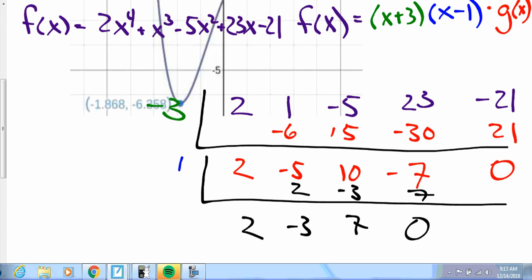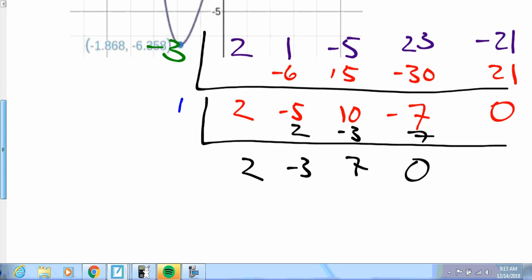So what is my remaining quadratic? So this, let's go back and do this in red, because now I know my g of x equals 2x squared minus 3x plus 7.